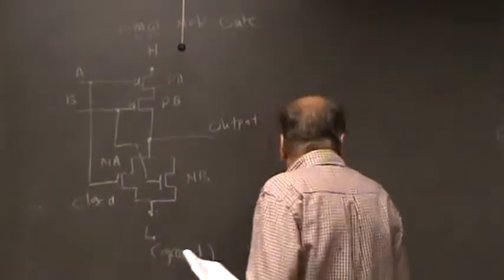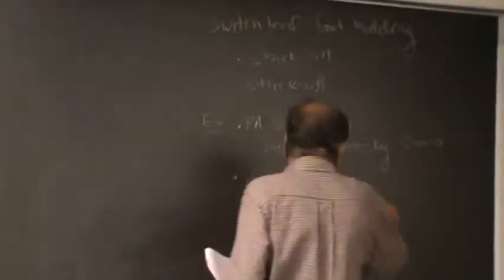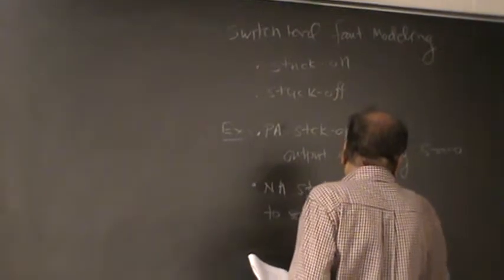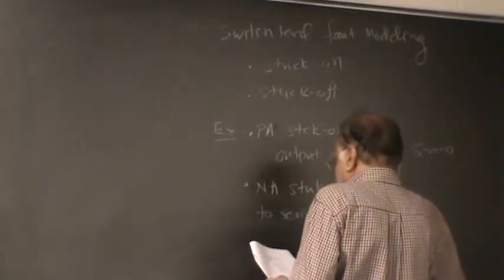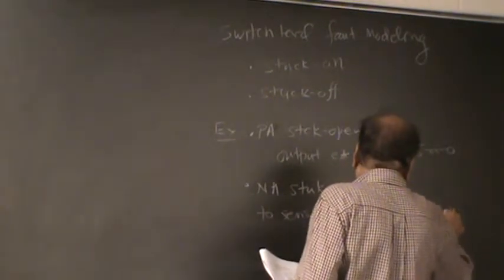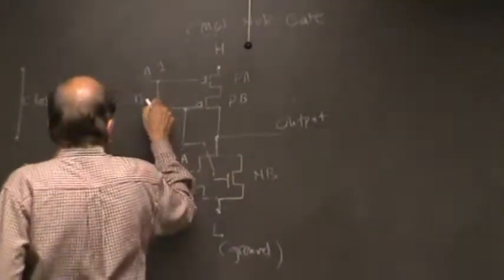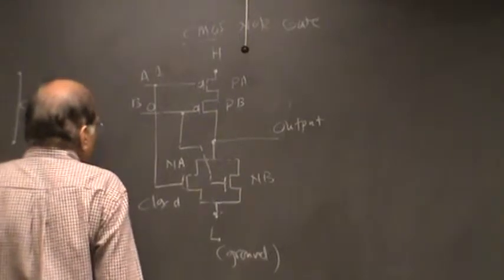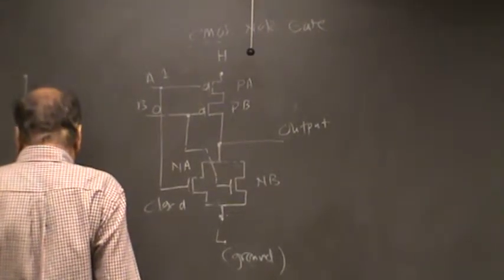And to sensitize the output, we can choose AB equal to 1, 0. So this is 1, and this is 0.